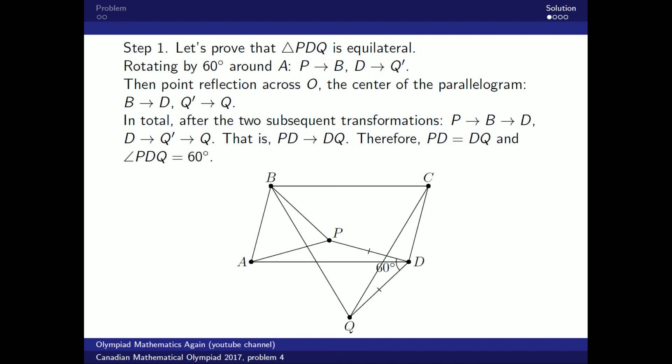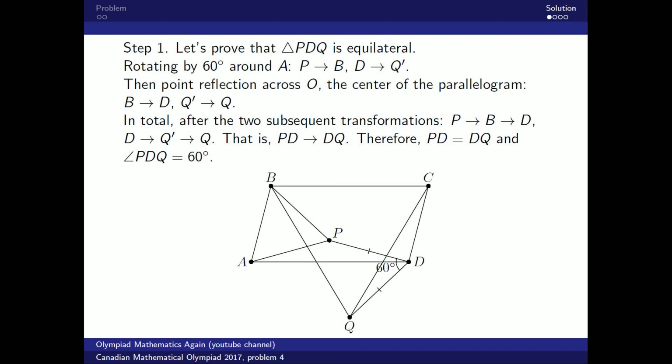Under point reflection a line always goes to a parallel line, right? So after the first rotation the line PD goes to some line rotated by 60 degrees, and then it goes to a parallel line.